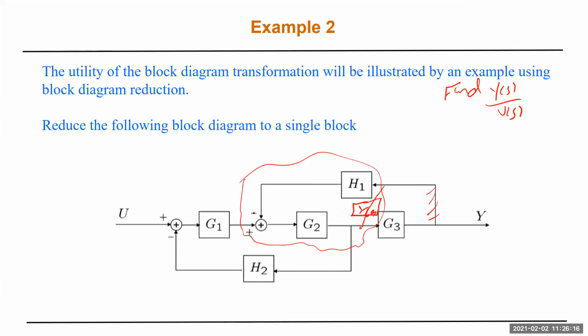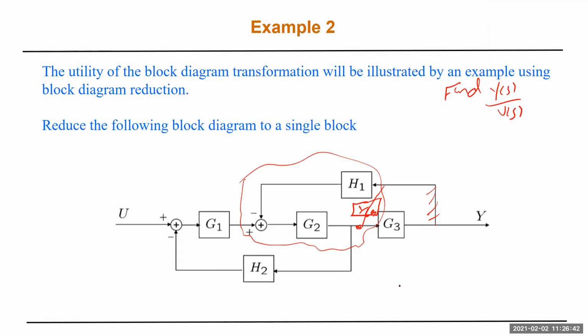This is the problem. Doctor, why divide? Not multiply? Because look, I am feeding Y, and let me start from this point. At this point this is Y, but I'm feeding from this point. What is this point equal to?